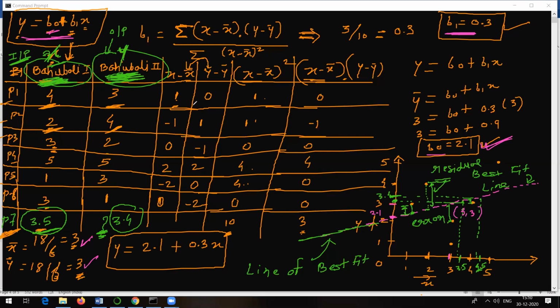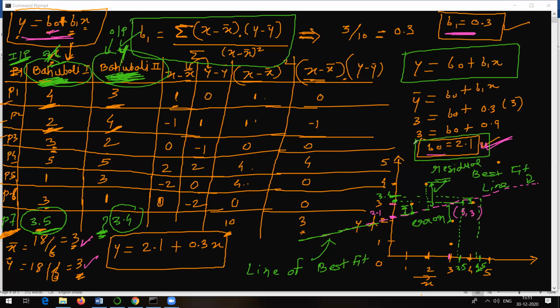So this is what we have used. I will go through this once again. This is the equation of a straight line which we have used. After that, from this data set and according to this formula, we found the value of b1, which is the slope. With the help of b1, we found the value of the y-intercept b0. Here x bar and y bar are the mean or average.